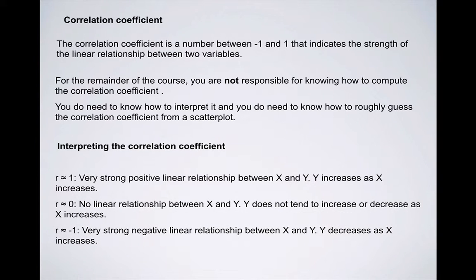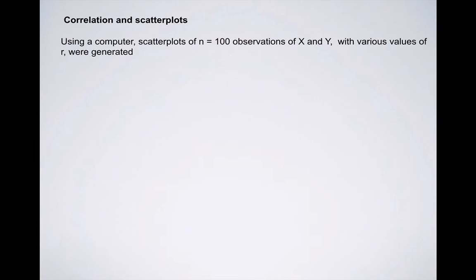And a correlation coefficient of -1 indicates a strongly negative linear relationship between x and y, meaning that y decreases as x increases. So now we're going to take a look at some scatter plots, and I'm going to give you the values of R, and so you'll be able to judge based on the appearance of a scatter plot more or less what the correlation coefficient is.